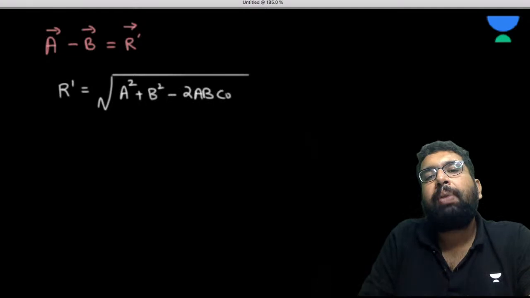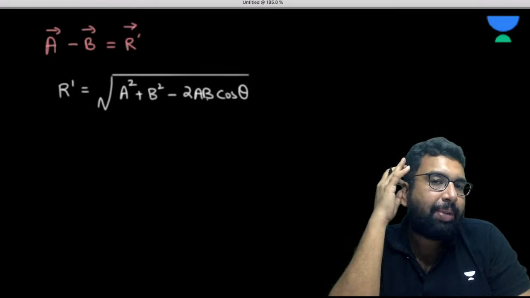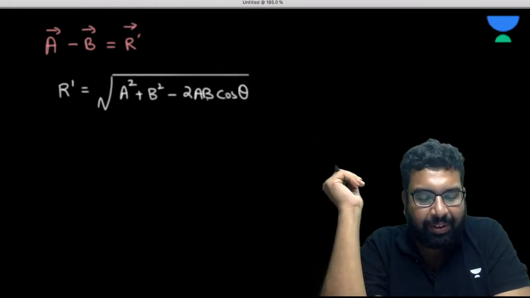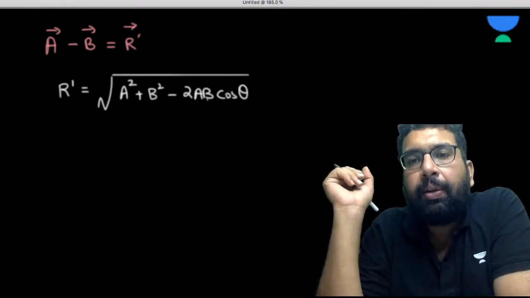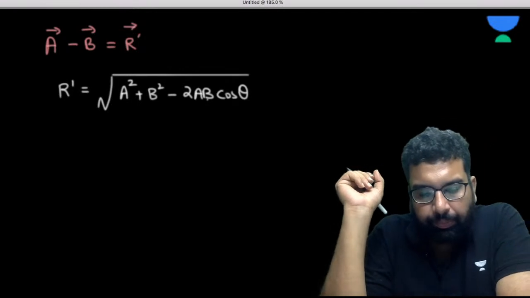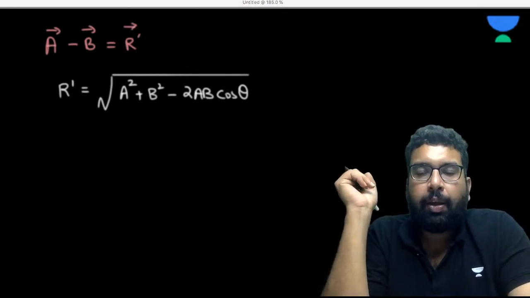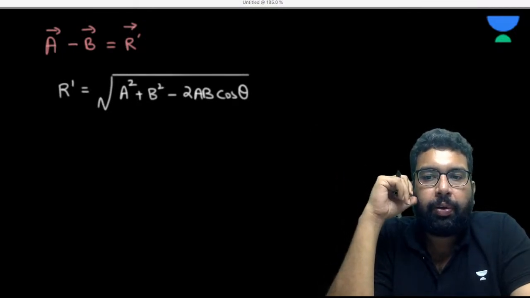But are we applying any new principle, or are we just adding two vectors? Please tell me. I hope this is fine to you. Right or wrong? What do you say?